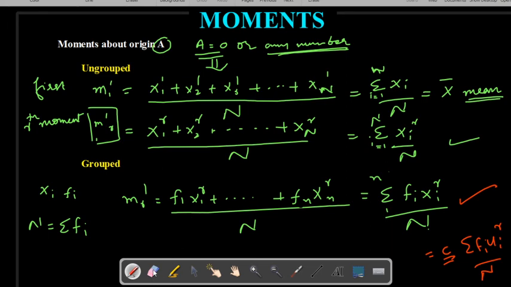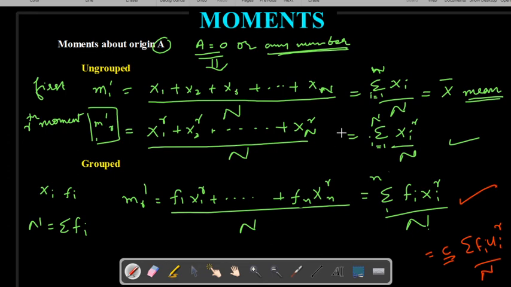Okay, if you are getting confused with the dash, I will wipe all this. So x1 plus x2 plus etc plus xn divided by n. In the same way, m2 dash will come x1 square plus etc, m3 x1 cube plus etc, likewise. So common x1 raised to r, in this form generally we can write that is the rth moment. First moment is always mean, remember that.